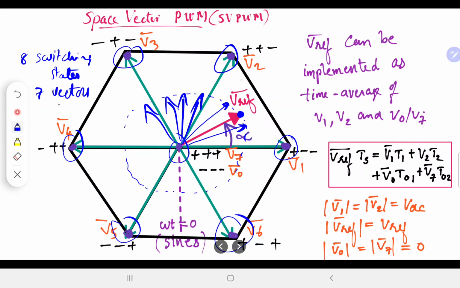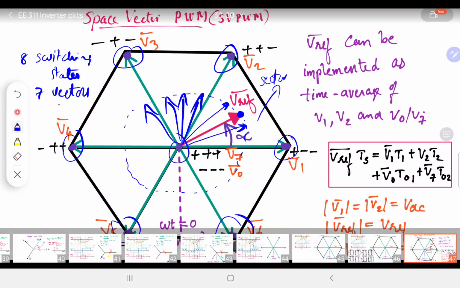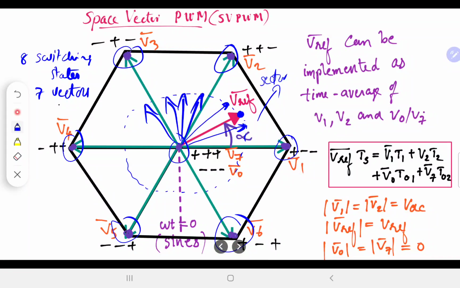So you look at here, in this particular triangle, we call it a sector. In this sector, if you want to have the minimum error, the vectors which we would choose would be v1, v2 and one of these. Okay, so in order to generate vref, I'll average v1, v2 and v0 or v7 or both. So this is a general equation.